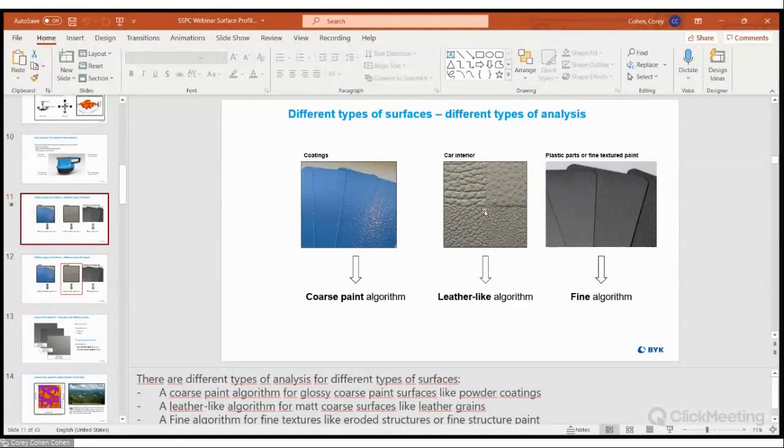It's important when building those car interiors that the various parts have to match each other, just like the exterior does. So it's important to control for these things, and there's also a fine algorithm, which gives you analysis of fine structured paints and also some plastics too. This could be applicable to certain structured plastics.